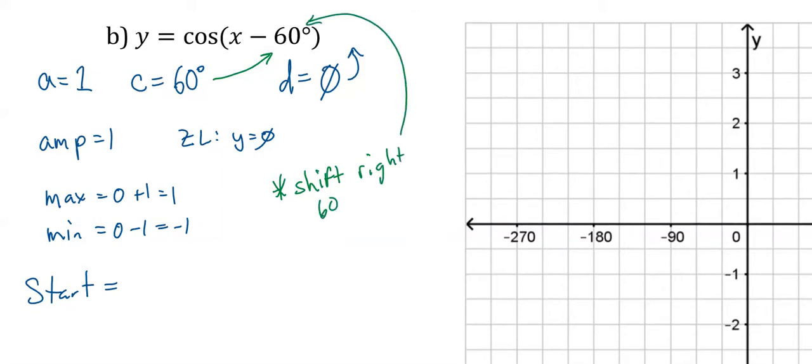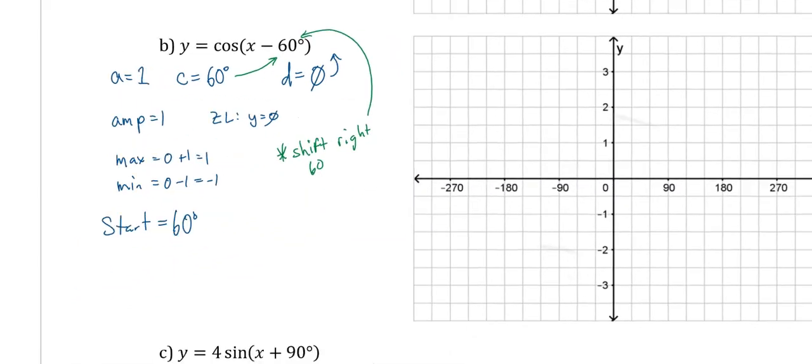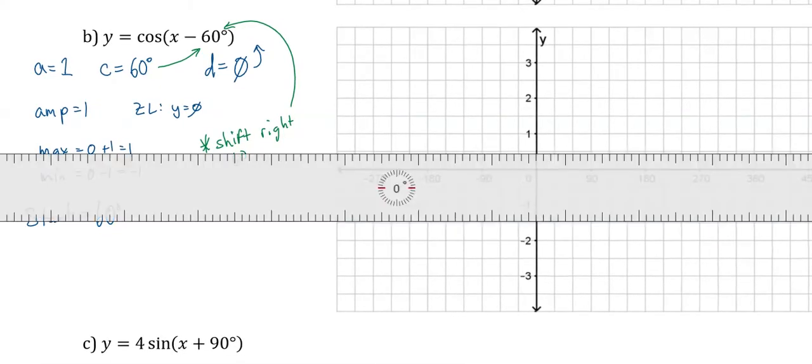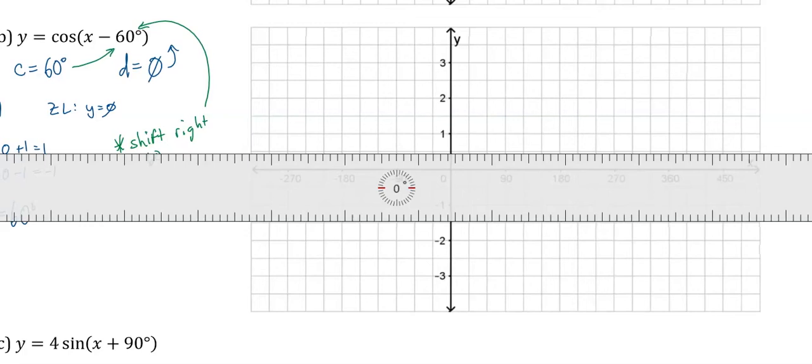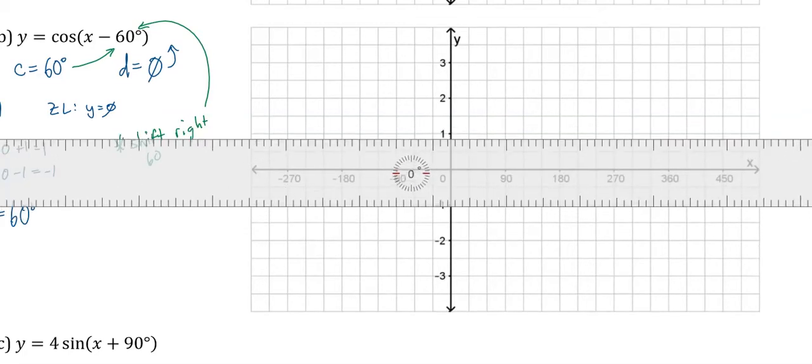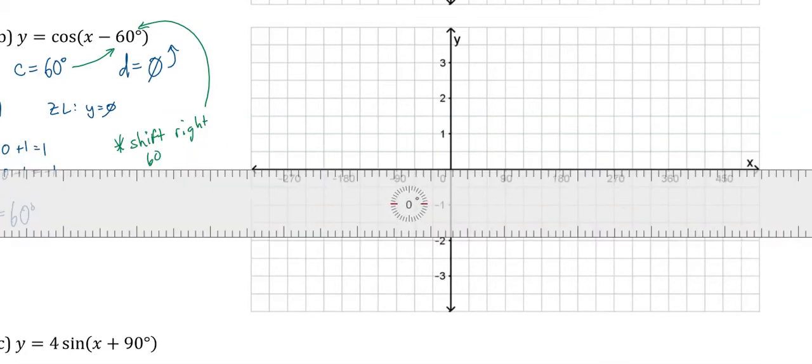It's negative inside the brackets, but that means it has the opposite effect. So it's a shift right 60. So my start is at 60. So it's cosine, which starts at the max, but I'm shifting right 60. My zero line is 0.